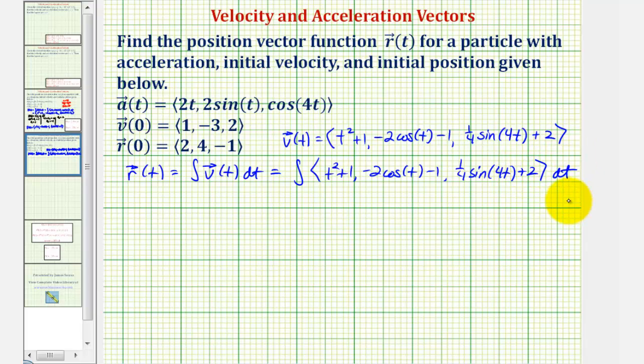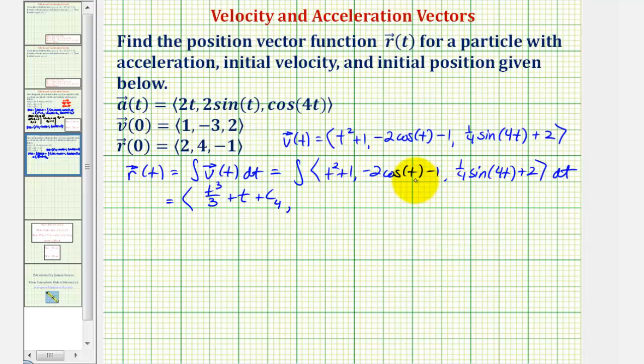And once again, we'll find the antiderivative of the x, y, and z components. So for the x component, we'd have t to the third divided by 3 plus t plus a constant, which we'll call c sub 4.